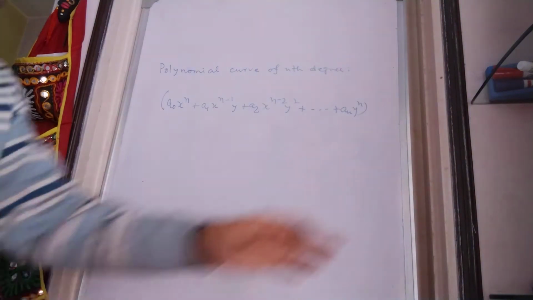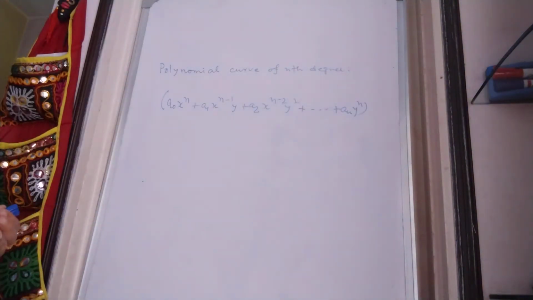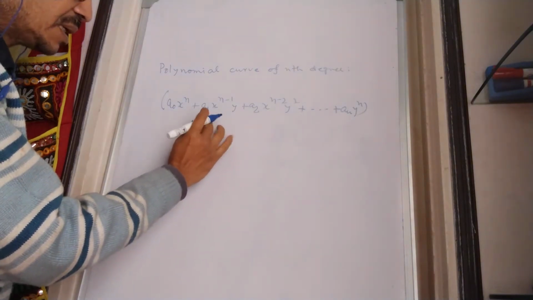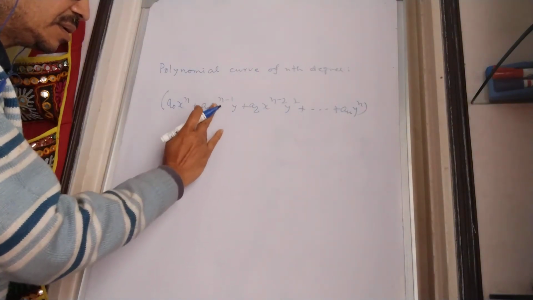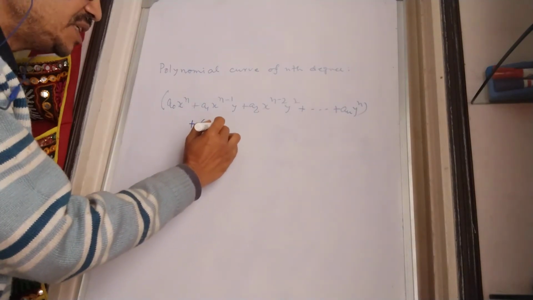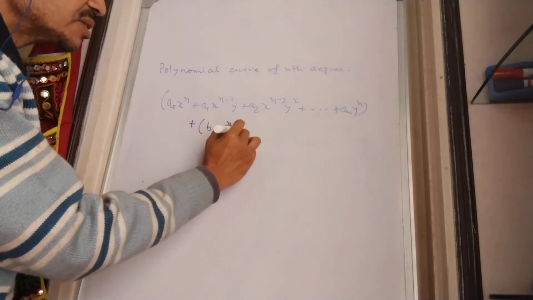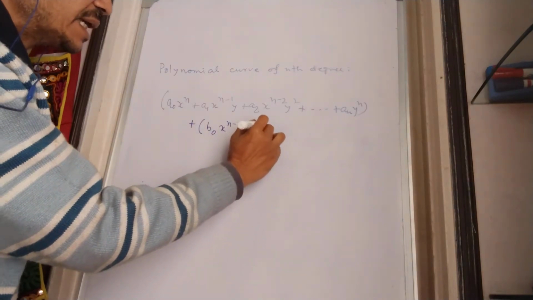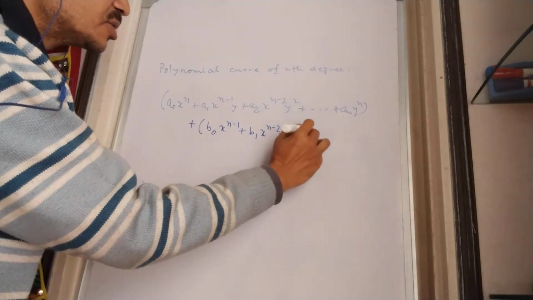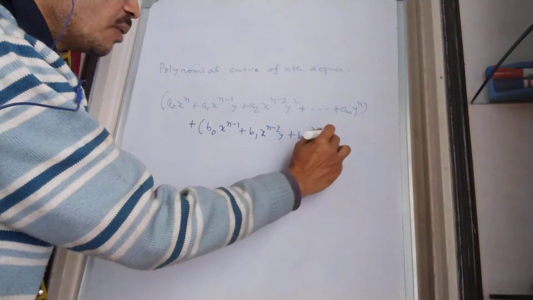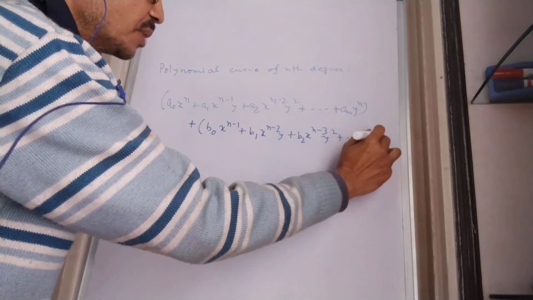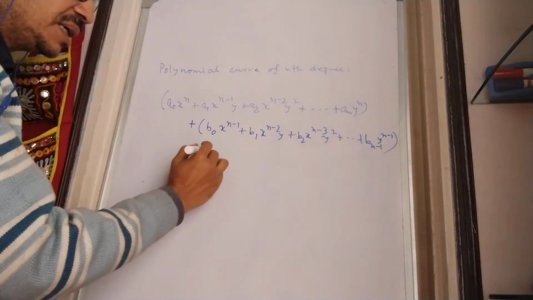Similarly, the next set of terms with degree n minus 1 may be written as b0 x to the power n minus 1 plus b1 x to the power n minus 2 y plus b2 x to the power n minus 3 y square and so on, up to bn minus 1 y to the power n minus 1.